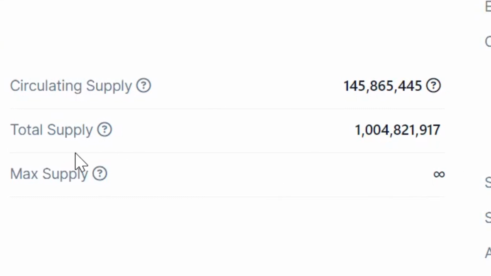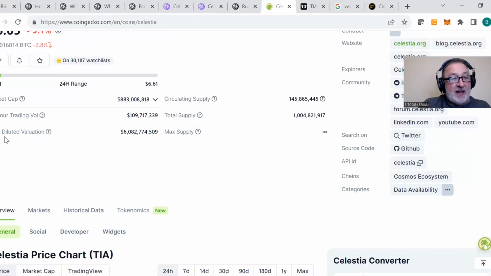So this is, again, like Ethereum, Solana. So they probably have burning mechanisms, but they have an infinity max supply. Depending how they work, unfortunately, I'll have to do a little more research on what they mean by infinity max supply. But right now, fully diluted valuation would be $6 billion.